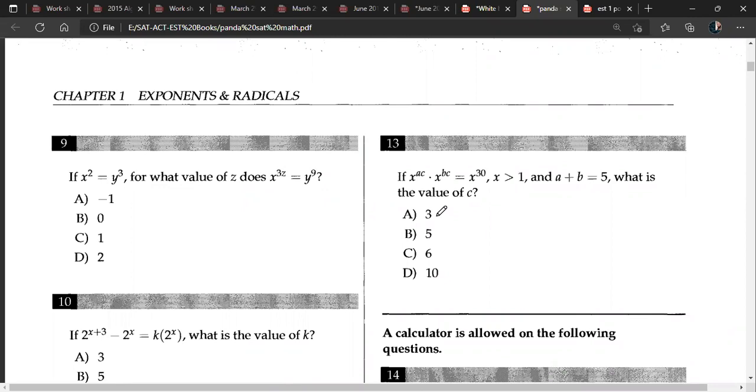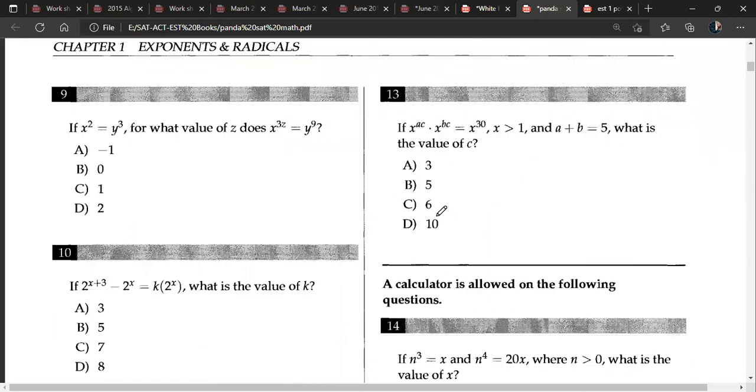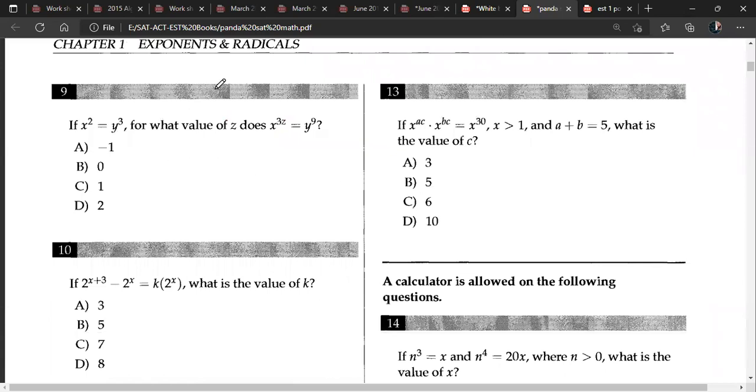Okay, guys, let's take the next question. Question number 9. Think about it. You have 1 minute to solve it.